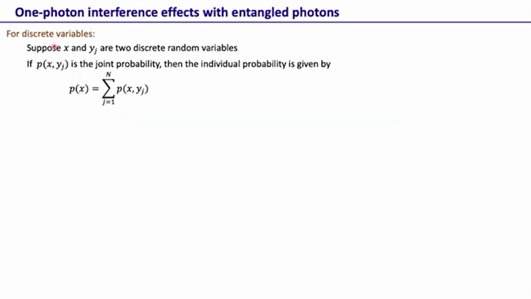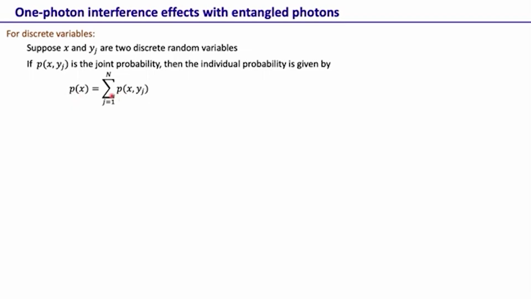For that I will take one result that we had derived in the first few lectures, which is the probability of an individual event if we know the joint probabilities. Suppose x and yj are two discrete random variables, and if p(x, yj) is the joint probability, then the individual probability p(x) is just given by this quantity.